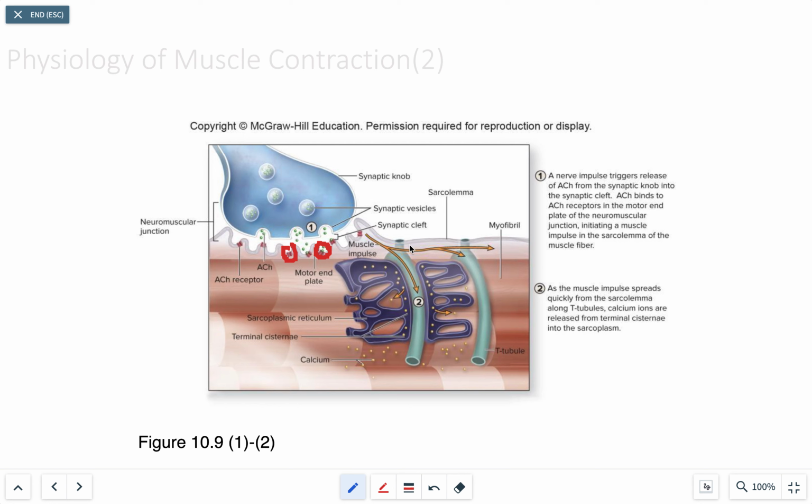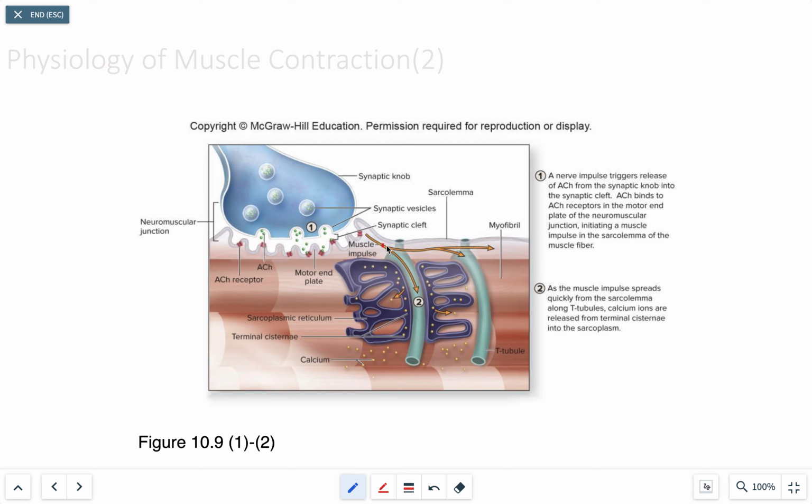The action potential will then go down into the transverse tubule. While this is occurring, acetylcholinesterase will break the acetylcholine from the motor end plate.